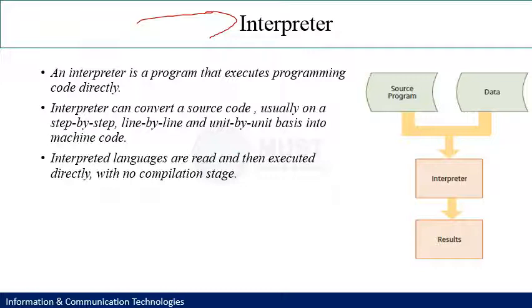A compiler compiles the code from a high-level language to a low-level language before executing it. On the other hand, an interpreter is a program that executes programming code directly without converting it to machine language code.